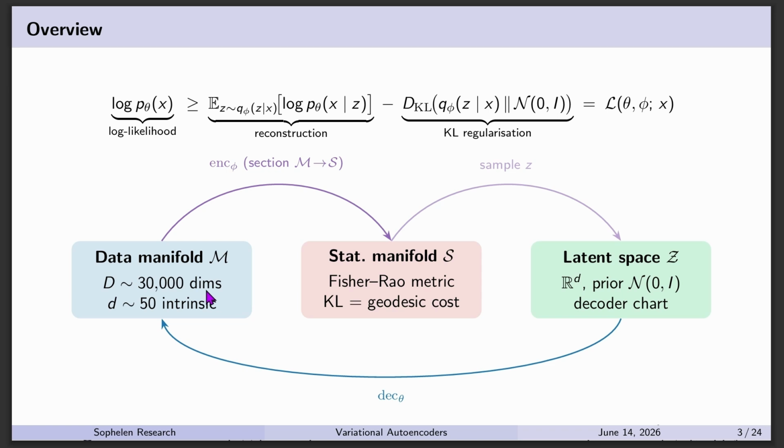So we have a mapping that goes from our images to the statistical manifold. Once it lands as a density function, we can use that to sample our Z, and that lands inside our latent space, R^D, where D is much, much smaller than our original dimension of our ambient space.